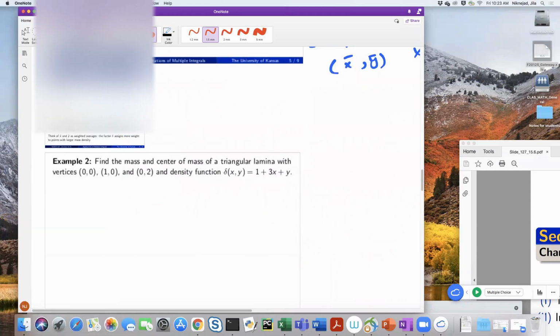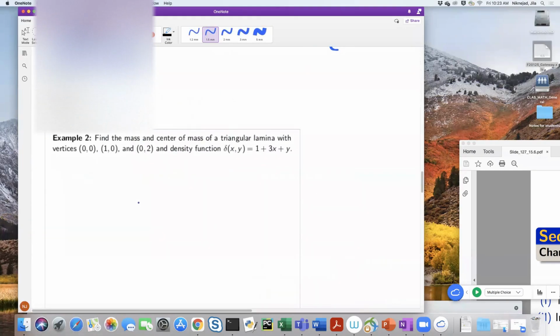Let's do one example. Are you guys ready? It tells you to find the mass and center of mass of a triangular lamina with these points: (0,0), (1,0), and (0,2). And then the mass density function is that.